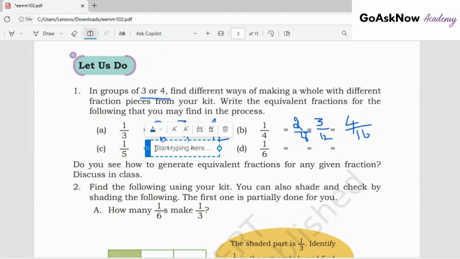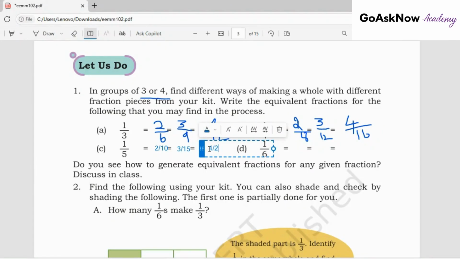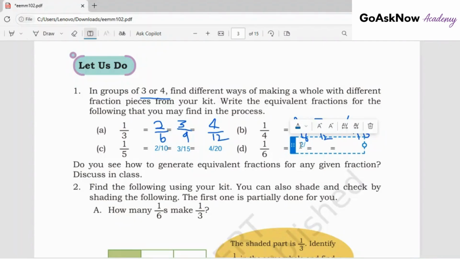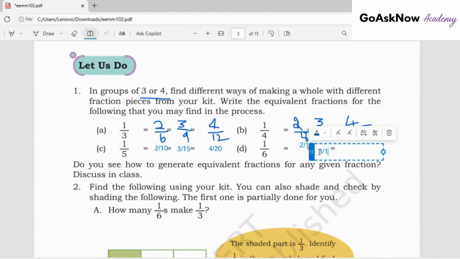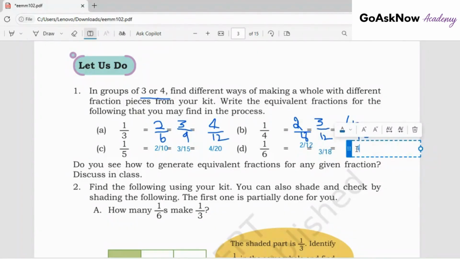Here 2 by 10, next 3 by 15, 4 by 20. Then 2 by 12, 3 by 18, 4 by 24.